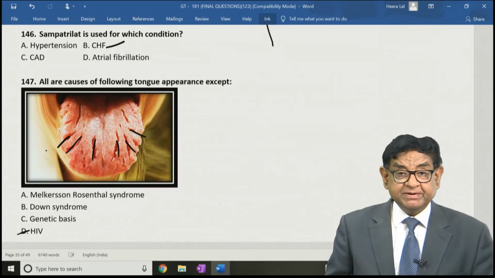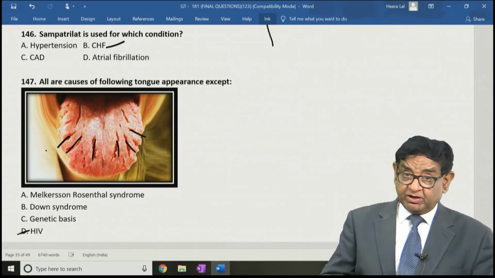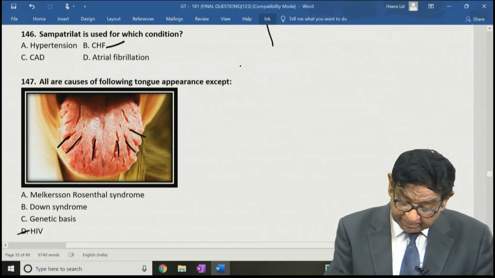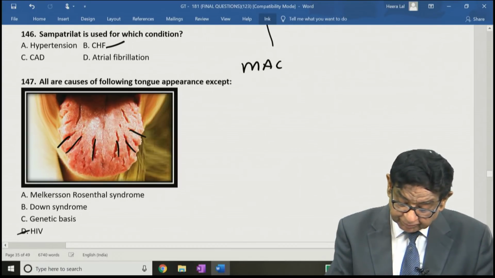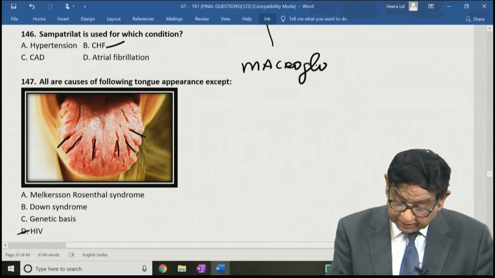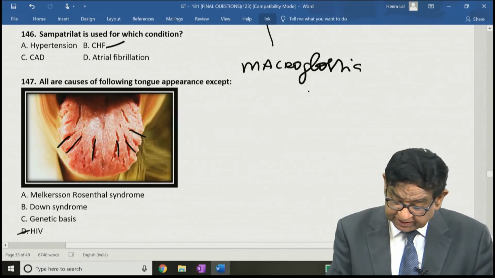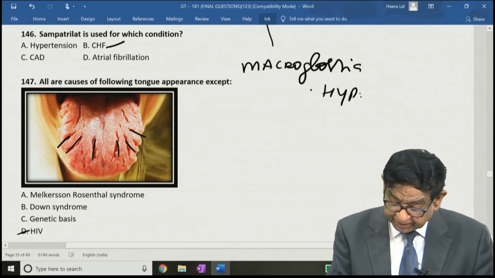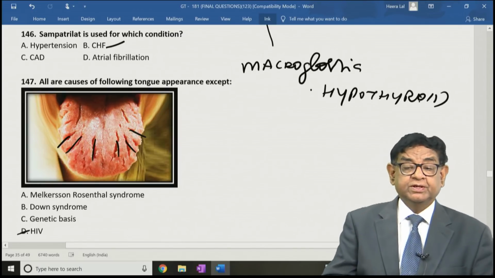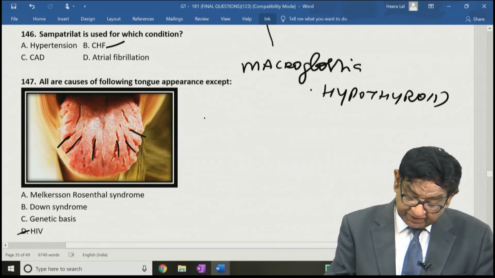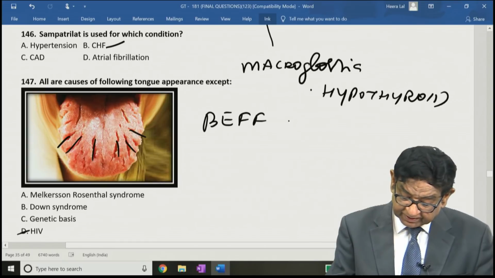Now let me tell you certain other abnormalities of the tongue. We get macroglossia, enlarged tongue. This we see in hypothyroid. We see beefy tongue, beef-like tongue.